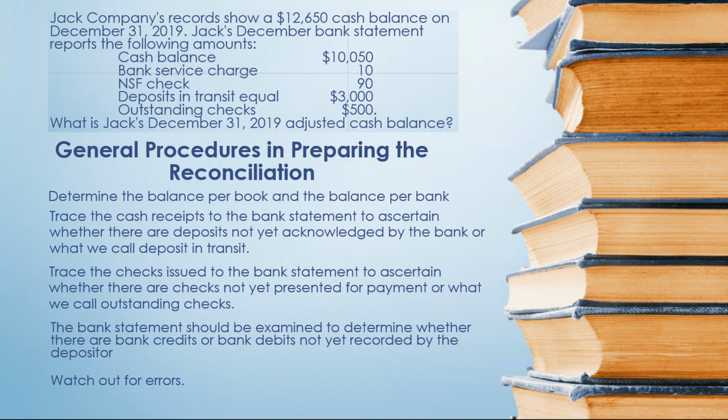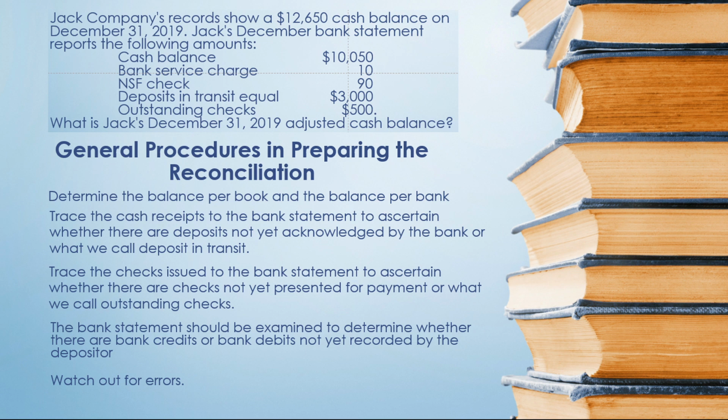So based on the general procedure, we can prepare the bank reconciliation. First step is determine the balance per book and the balance per bank. As shown in the sample problem, the cash balance on the book of the depositor has a debit balance of $12,650. The bank balance is shown on the bank statement as $10,050.